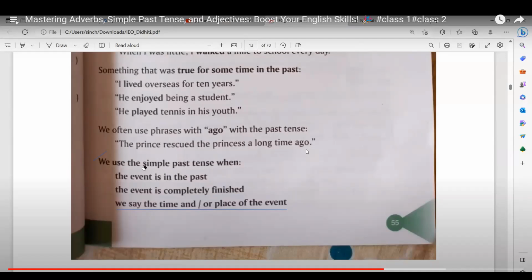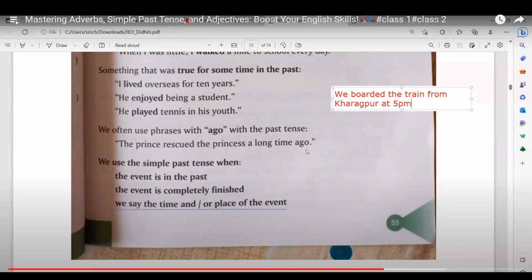Tuhin told me that we boarded the train at 5 p.m. from Kharagpur. Tell me a sentence with the help of this sentence, beta. We boarded the train from Kharagpur at 5 p.m. So tell me a sentence with the help of this sentence.